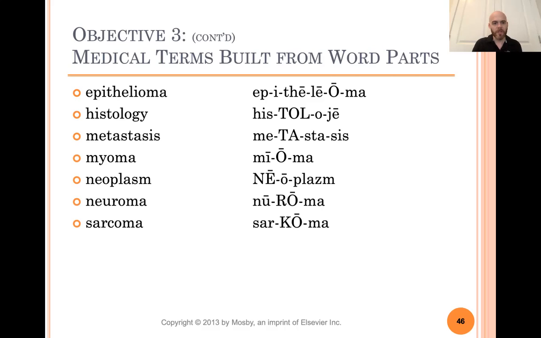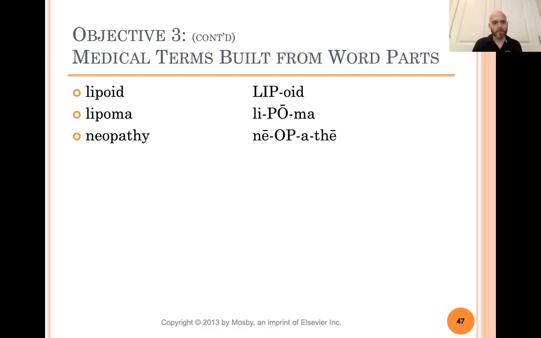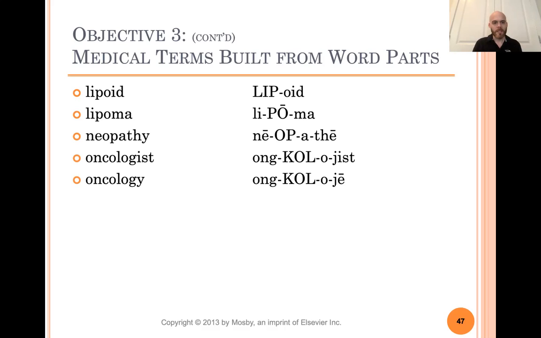Sarcoma, connective tissue tumor, we've had that one. Lipid, pertaining to lipids or resembling lipids. Lipoma, an actual fatty tumor. There actually are fatty tumors. That's really common in dogs, actually. Neopathy means new disease. Pathy means disease. Oncologist, we've had this one about 5 times already, I feel. Means a person that studies cancer. Study of cancer.